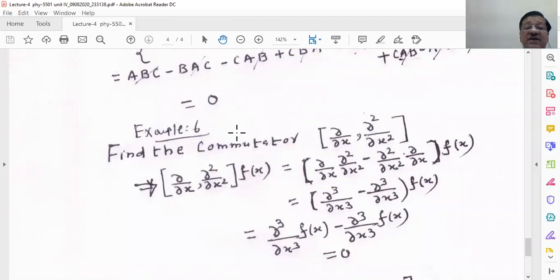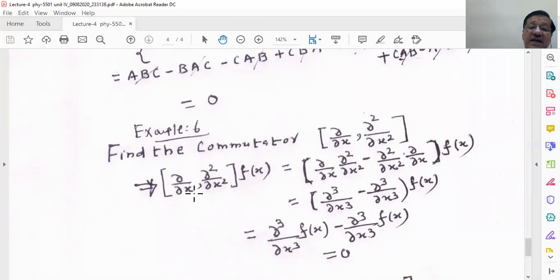Now you have example number 6. I said find the commutator of del by del x, first order differentiation, and del square by del x square. Very simple. Whenever you take a commutator, you take some function because you require some operand here.